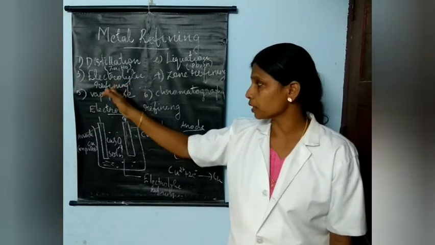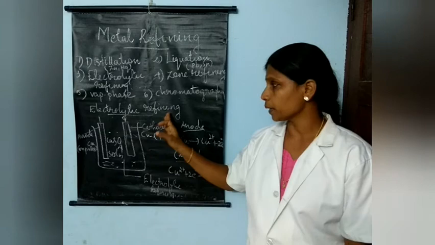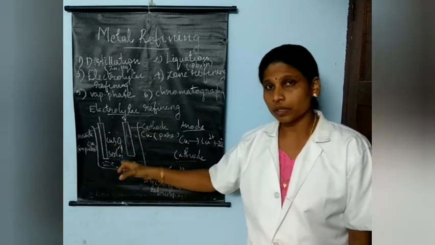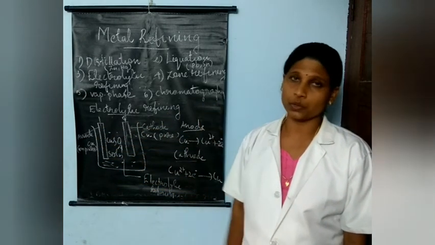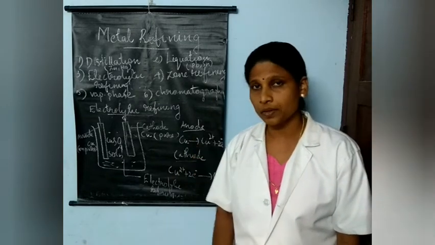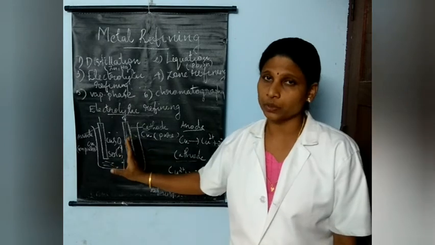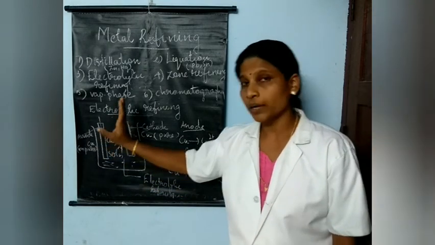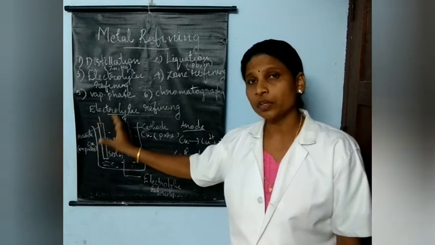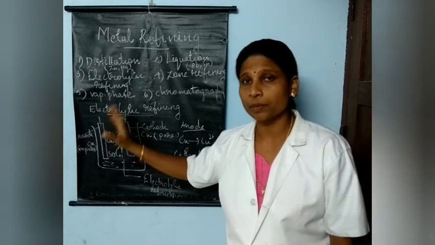Then third is electrolytic refining. In electrolytic refining, the principle of electrolysis is used. For conducting electrolysis, an electrolytic cell is required, with an anode and a cathode. The anode is the rod of crude metal, that is, the metal to be purified.